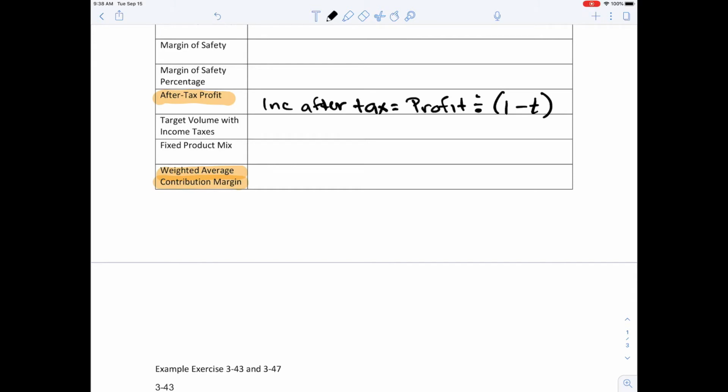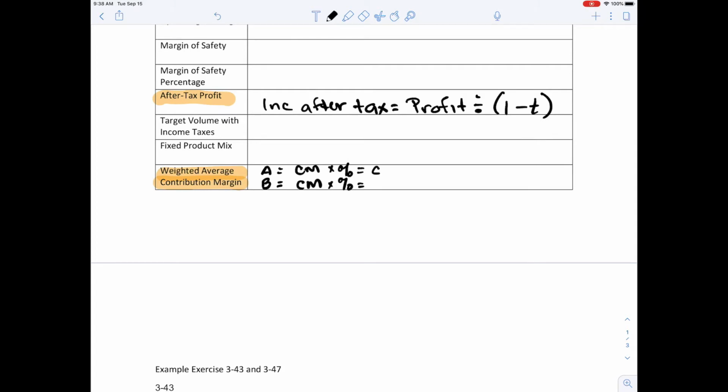So first, we have product A and product B. We're going to find our contribution margin for each product, and we're going to multiply that by our sales mix percentage, or how much of that product we sell. This is going to give us a contribution margin for each of those products. And then what we're going to do is take those two contribution margins and add them together to equal that weighted average contribution margin.